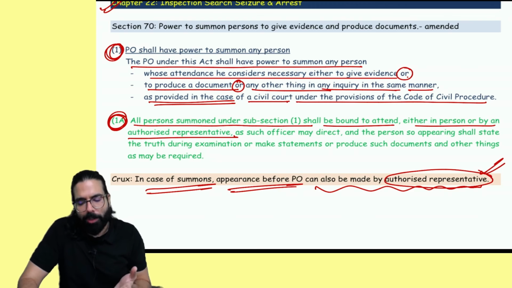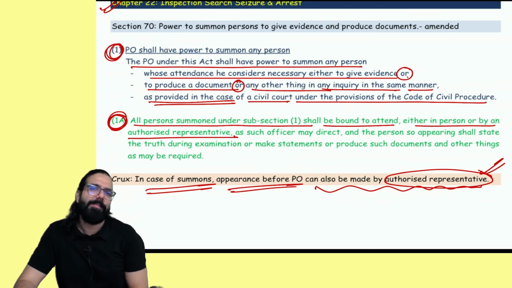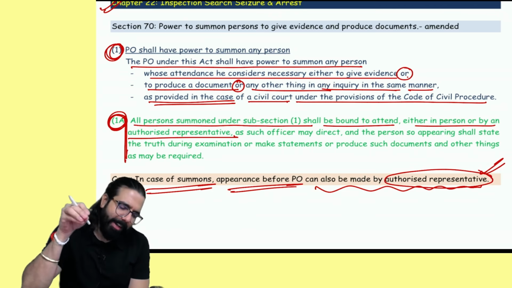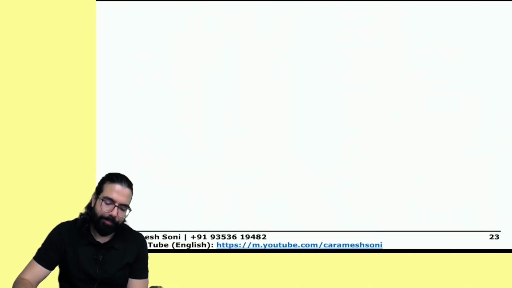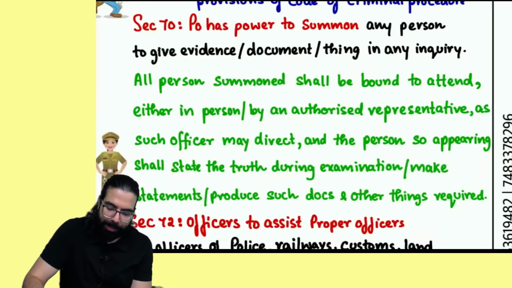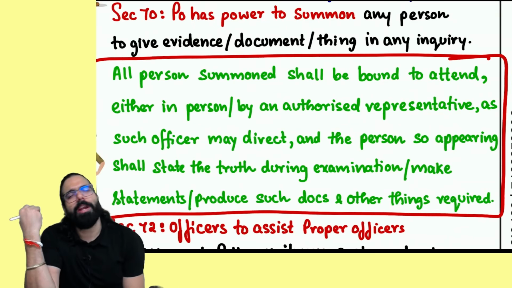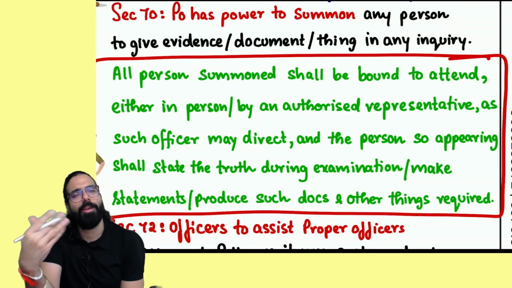All of them can be your authorized representative and can represent you in case of a summon. This was already there. They have just written it in section number 70 also to be more explicit. So I've written in the chart also that to give statement and evidence in case of summon, you or your authorized representative can do.